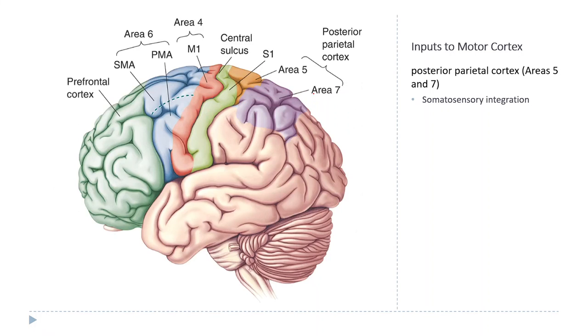Areas 5 and 7 are just posterior to the primary somatosensory cortex, and we have heard of these before because we talked about the posterior parietal cortex in the context of the somatosensory system. Primary somatosensory cortex is right here, just anterior to those two.